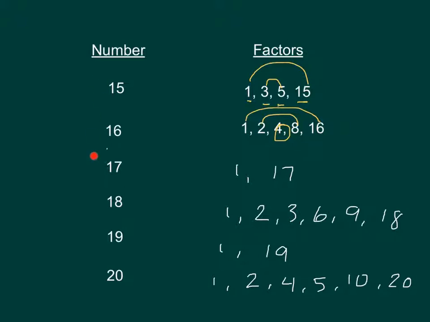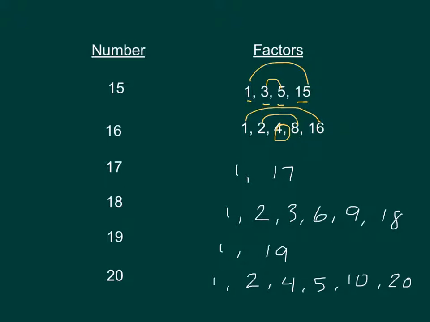Looking at these numbers and their factors, which numbers have exactly 2 factors? Correct. 17 and 19. These are both prime numbers. Their only factors are 1 and themselves.